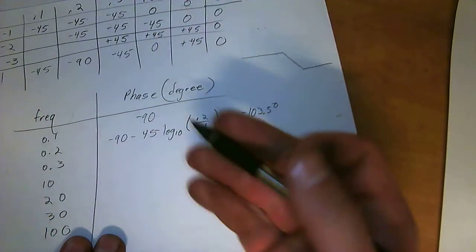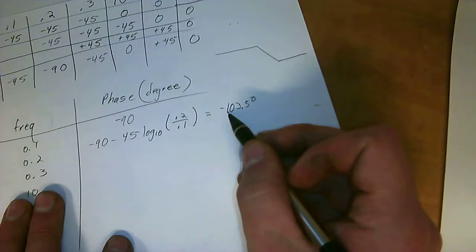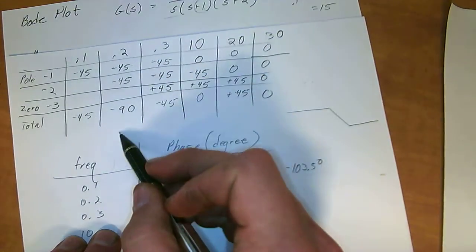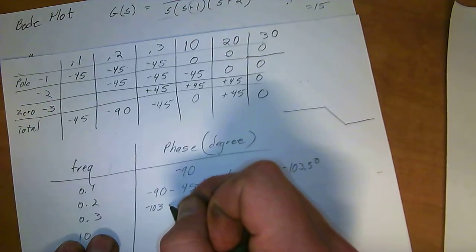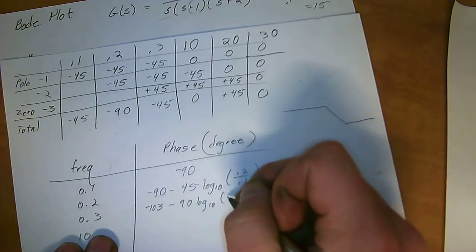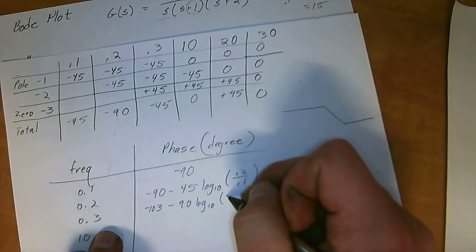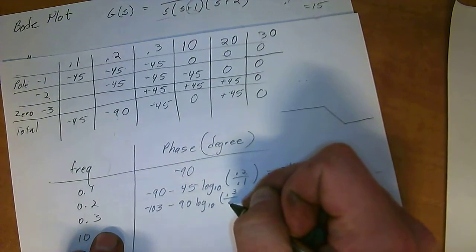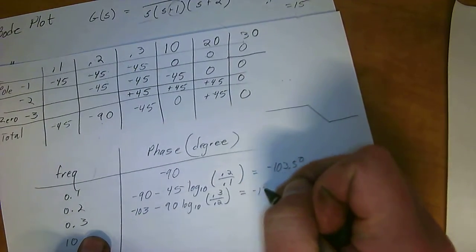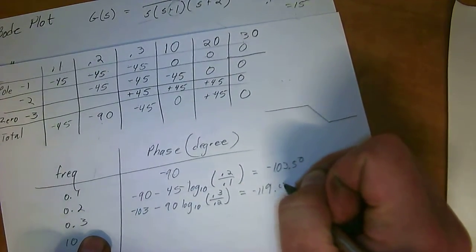Okay, so now going on to 0.3, we have a value of negative 103. Going from 0.2 to 0.3, we have a slope of negative 90, minus 90 log 10 of 0.3 over 0.2, where we're coming from, and this will give you negative 119.4.